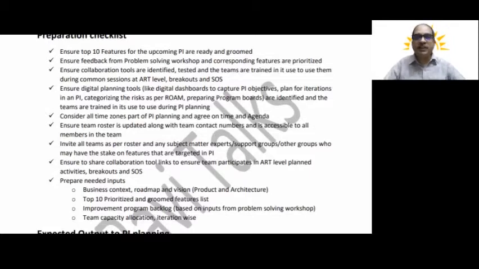What I mean to say is that if you have an effective PI planning tool as well, probably you can collaboratively spend more time understanding the features and talking to the other teams about agreeing on dependencies, and accordingly you can sequence your user stories when you prepare the team level boards. All these things, your job becomes very easy.